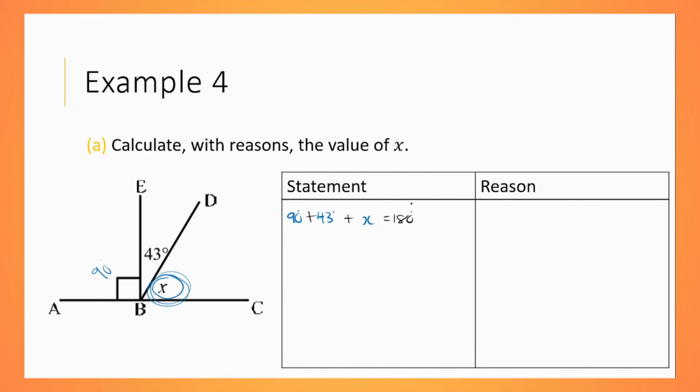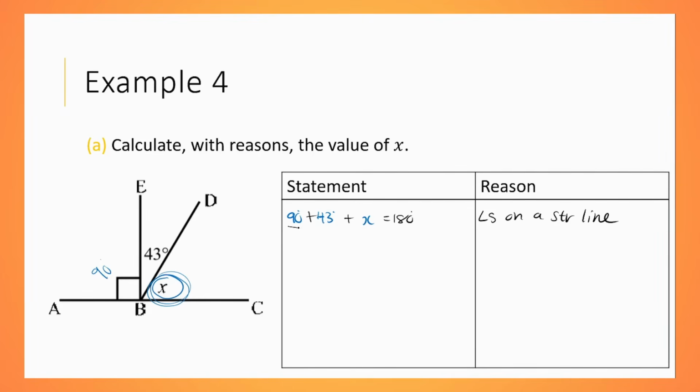And the reason you can do that, and that's very important in geometry, is that the reason goes where you had something visual and you are turning this visual thing into algebra. You're turning it into an equation. This is where your reason goes, and the reason is because there are angles on a straight line.